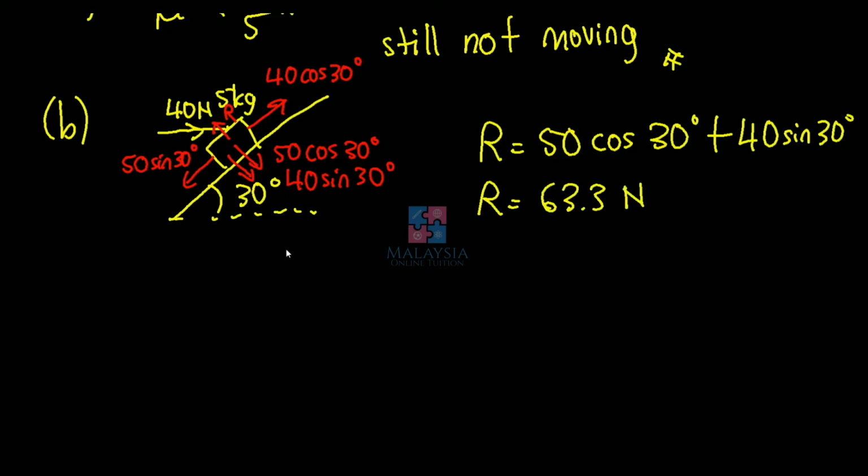So now for the block to not move, we can put our acceleration equals 0, so the summation of forces is equal to 0 as well. So we have two cases.